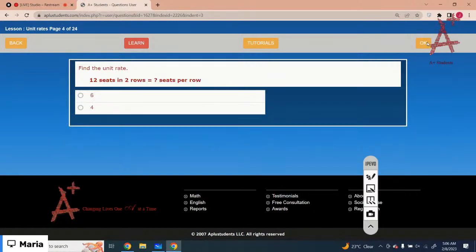Okay, the next one is find the unit rate. 12 seats in 2 rows. So you have to calculate the seats in one row. 12 divided by 2. So 2 times what number is 12?